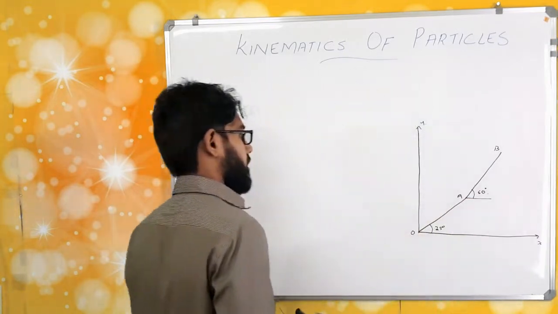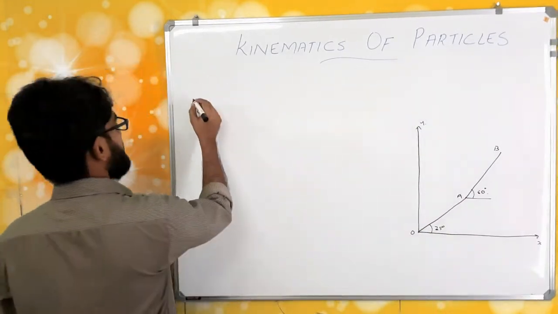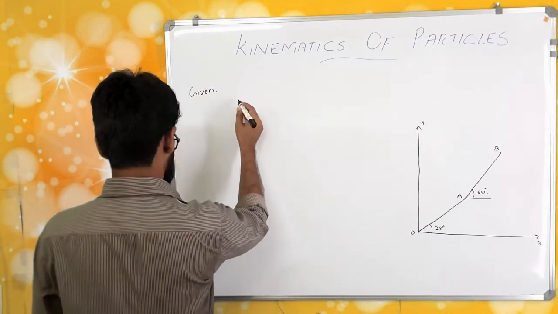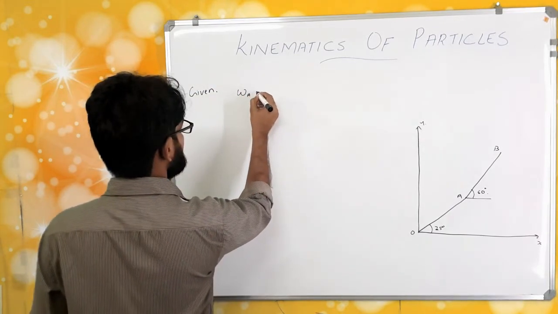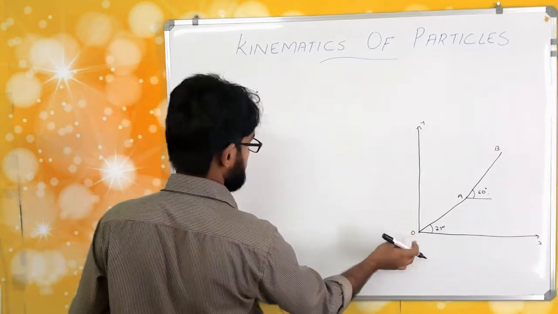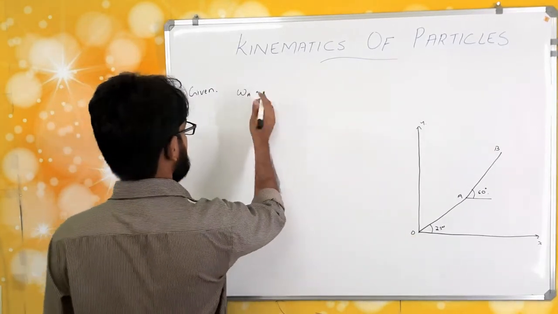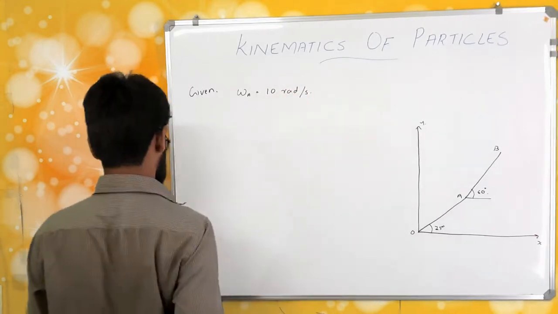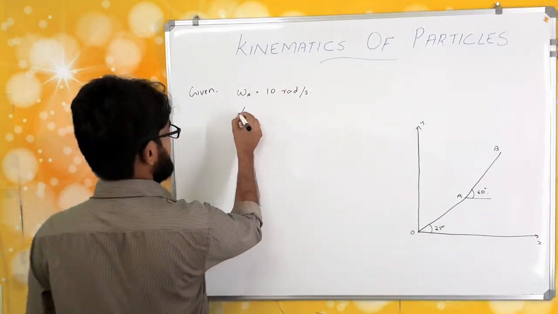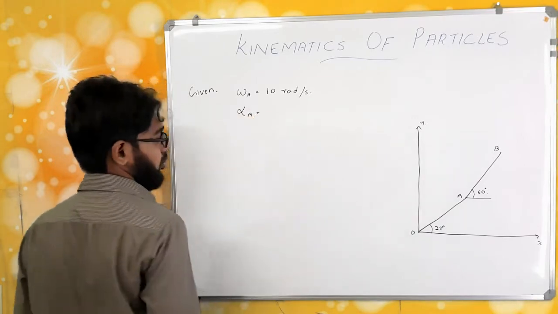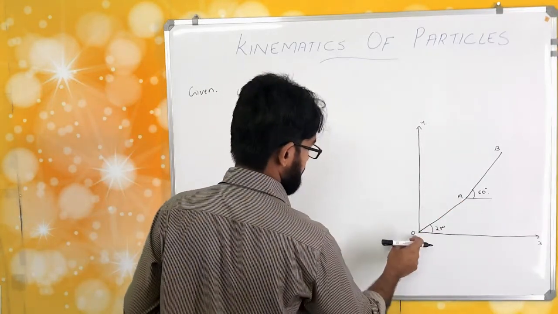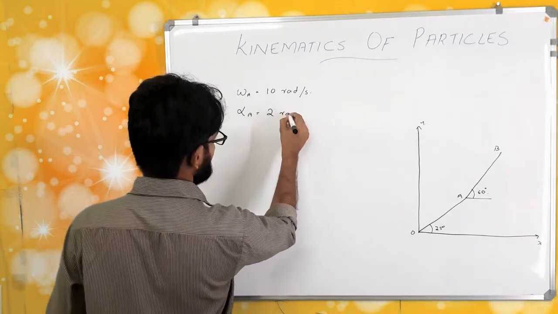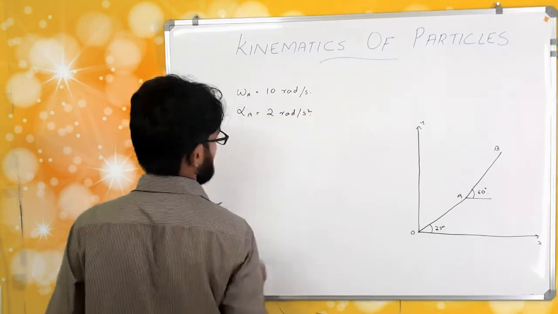Now it is given to you that the angular velocity of A with respect to O, so I am directly writing, omega A is equal to 10 radians per second. The second value is the angular acceleration of A with respect to O. It is given as 2 radians per second square.